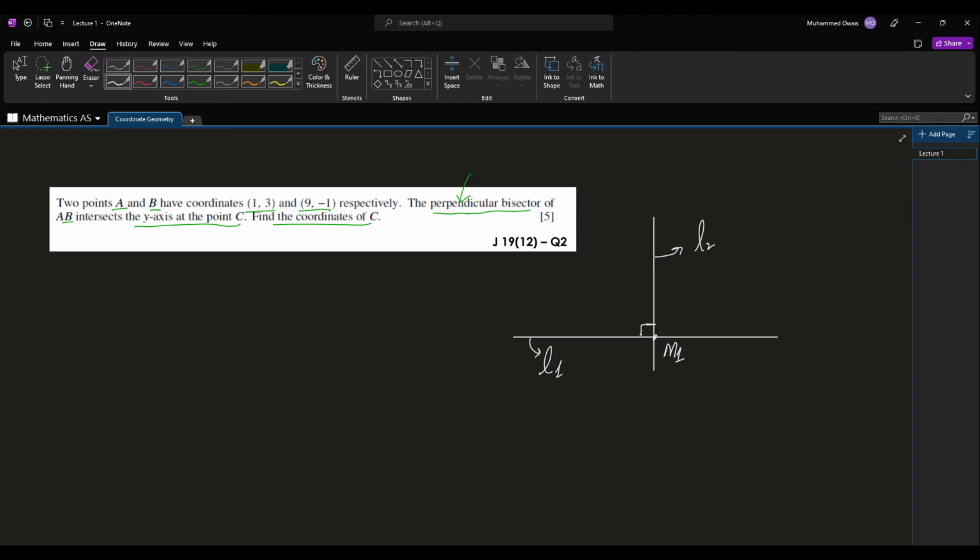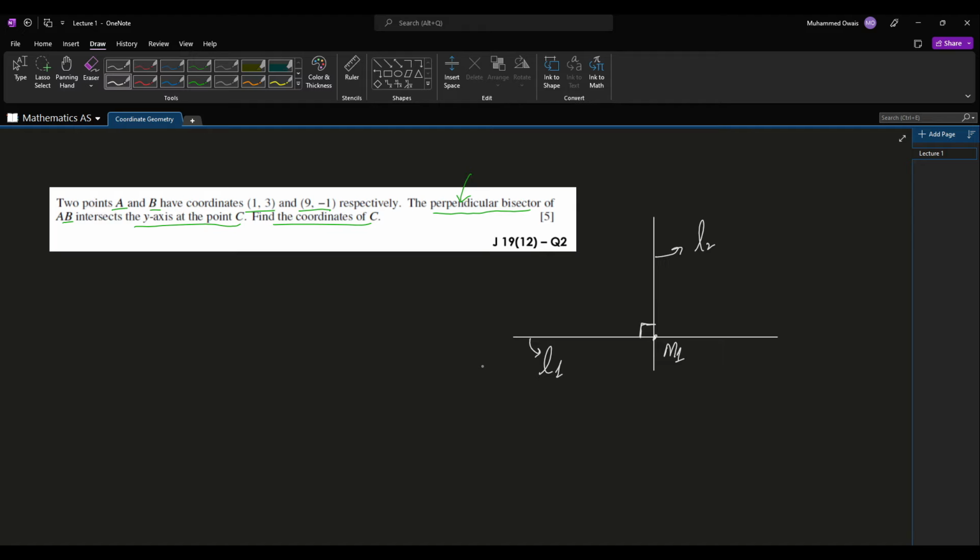This is where this line will be perpendicular to line 1. Line 2 is perpendicular to line 1 at the midpoint of line 1. That is what perpendicular bisector means. So what does the question say? The question says the perpendicular bisector of the line AB intersects the y-axis at point C.